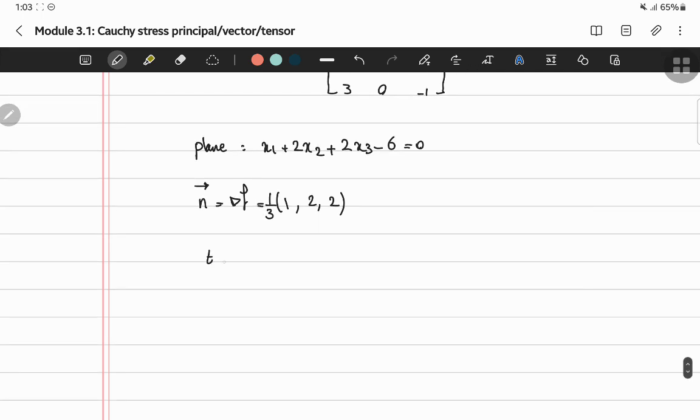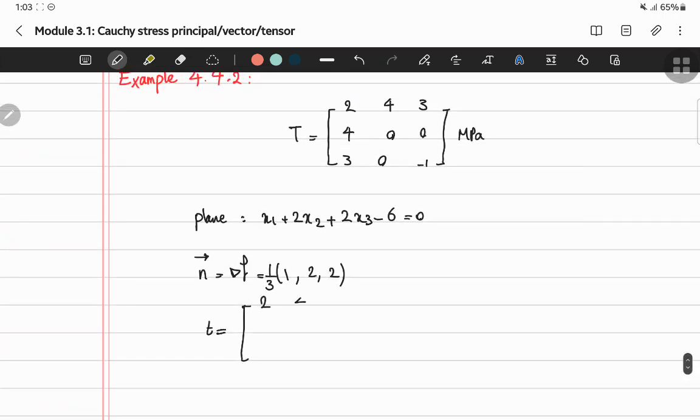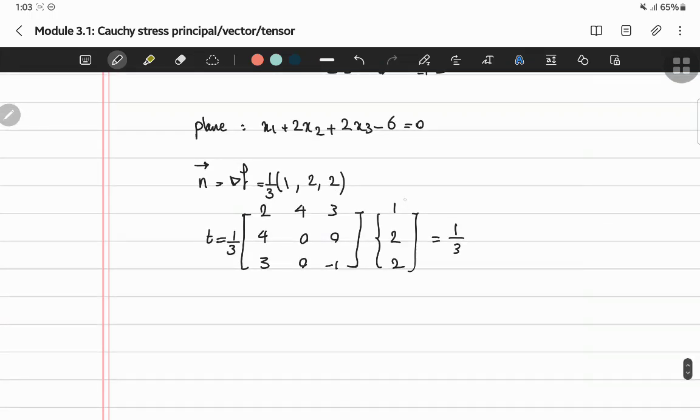And therefore, t is equal to this T in here, 2, 4, 3, 4, 0, 0, 3, 0, minus 1, times, let's put this 1/3 in here. So we have 1, 2, 2 here, so we have 1/3. And then if you do the multiplication, you get 16, 4, and 1 in here.